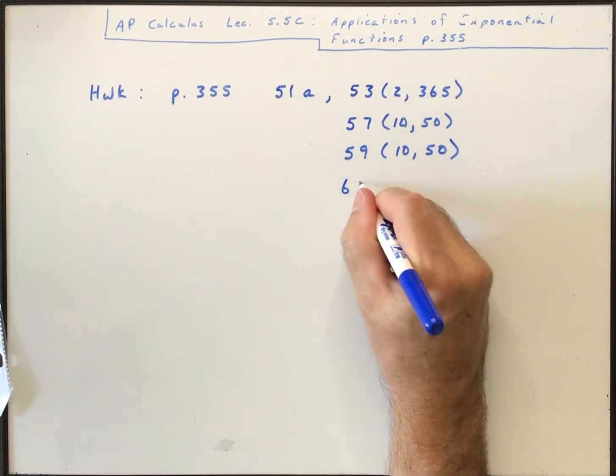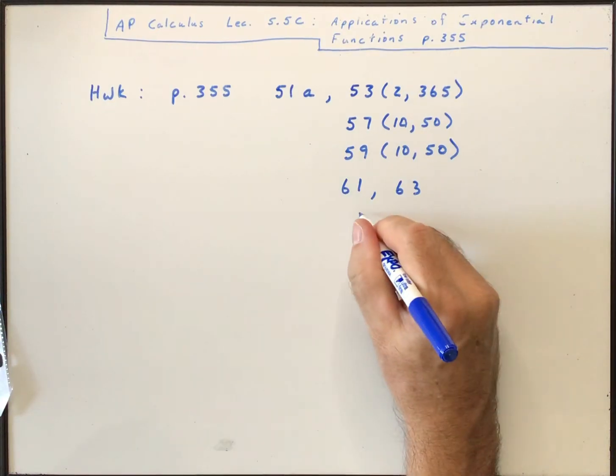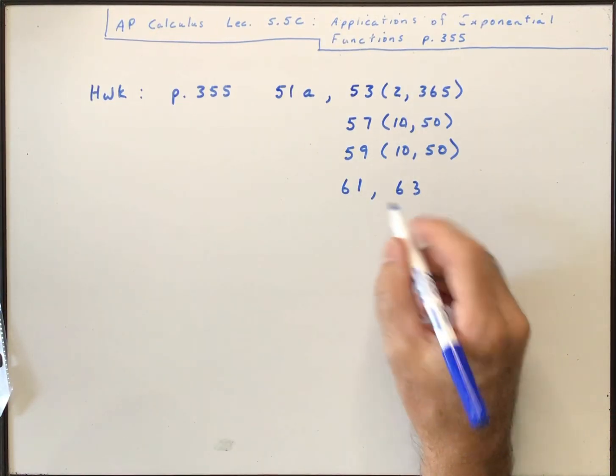And then do 61 and 63. 61, do all 4 parts.